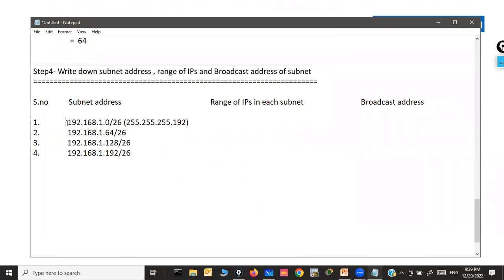So this way, all four subnet addresses, the first address, we have computed, but we cannot assign the first address to any host device, right? So what is the range of IP addresses? The IPs that we would assign to computers would be from 1.1, because 0 is reserved in this subnet, to 192.168.1.62, and 63 is the broadcast address.